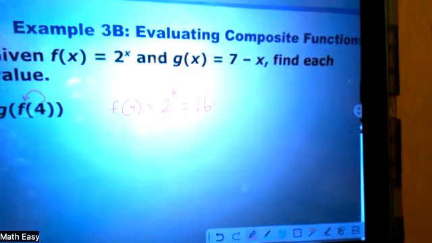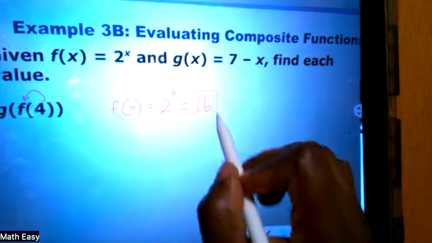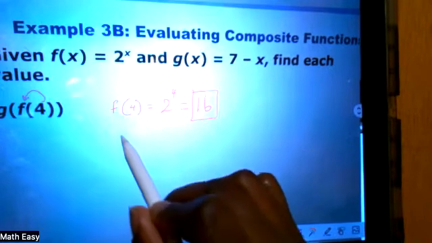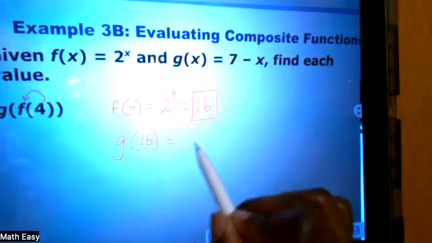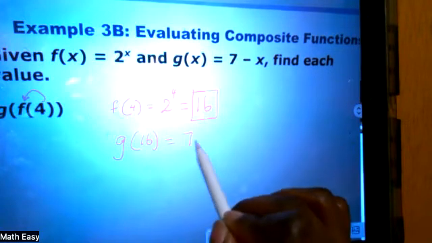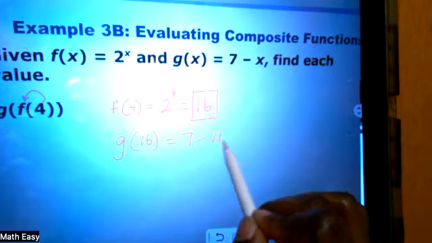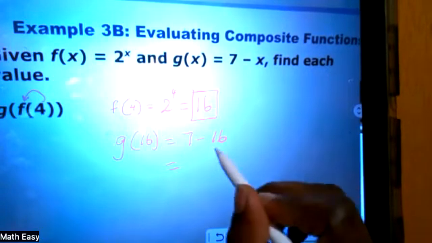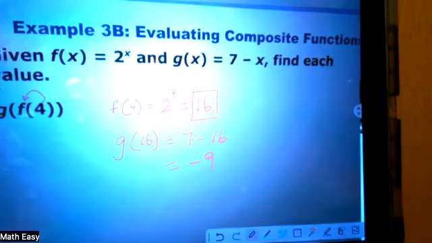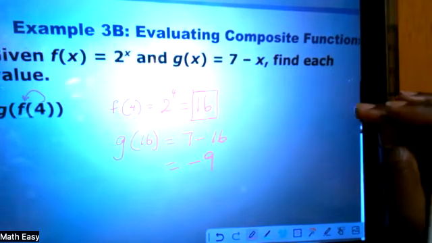Now that we have our f of 4, we use our answer and put that into our g function. So now we have g of 16, and that will be 7 subtract x, which is 16. And our answer will be -9. It's that simple.